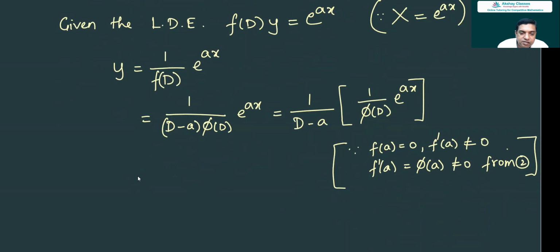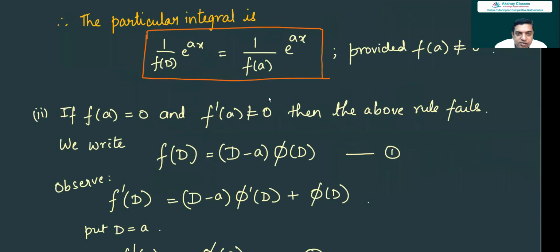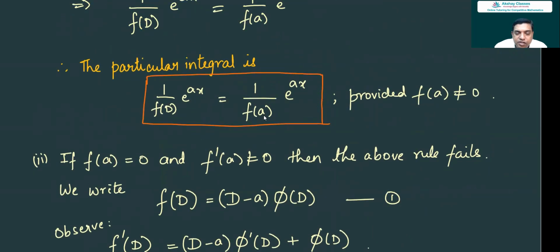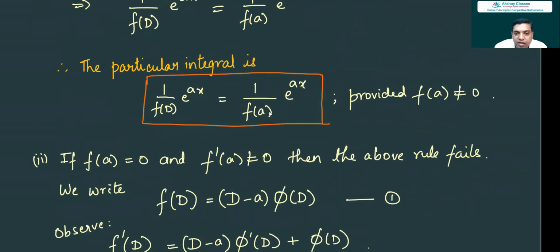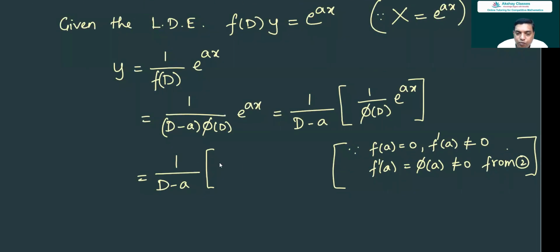So what we write, this becomes 1 by d minus a. And because phi of a is not equal to 0, this is a polynomial. From the previous result, if the polynomial auxiliary equation doesn't become 0 when you substitute a, the particular integral is 1 by f of a e power ax. So this becomes 1 by phi of a into e power ax. All right.